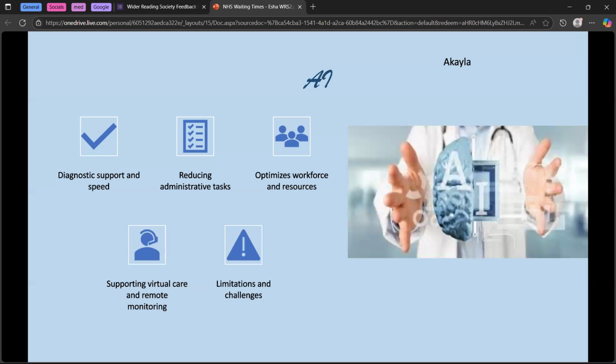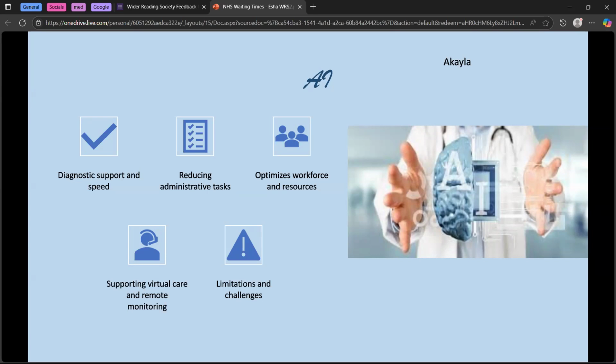It also summarizes patient notes for a GP, which means that there's less paperwork burden and that GP can prioritize patients and the time they spend with them instead of having to spend time doing history or making notes themselves. An example of this is UCLH NHS Trust, which trialed AI tools in managing outpatient referrals and appointments, which reduced admin time effectively and freed staff up for patient care.